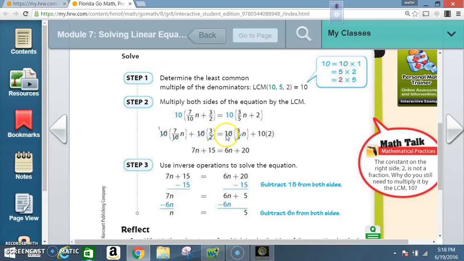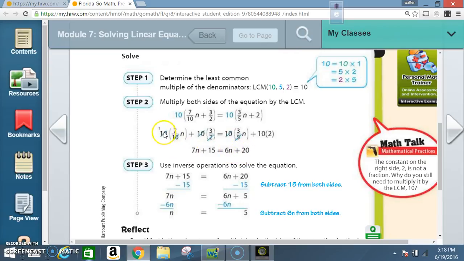Over here, you get 10 divided by 5. 10 divided by 5 is 2, so 2 times 3 is 6. So you got 6n. And here, you have 10 times 2, which is 20. So you end up with 7n plus 15 is equal to 6n plus 20.